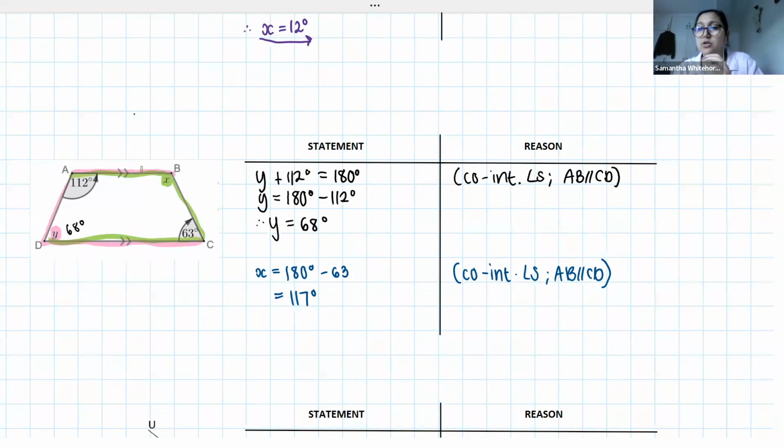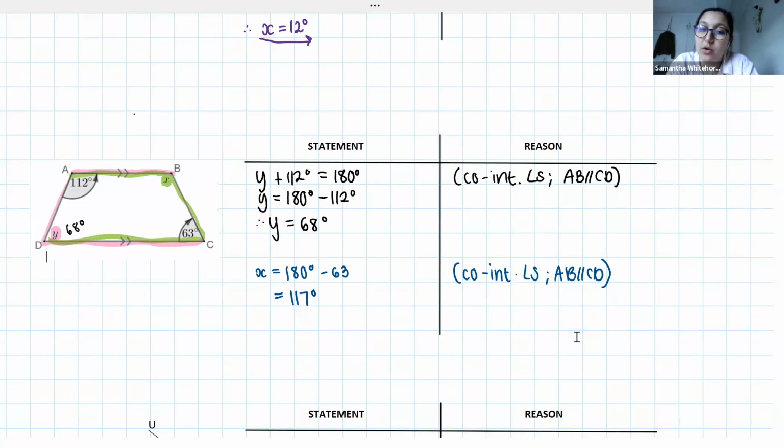Okay, another way that you can do it, that I'm trying to put there on the chat, is because this is a quadrilateral, you know that all 4 angles in that quadrilateral must add up to 360 degrees. So you also could have used angles in a quad to work out your second value, to find either X or Y, depending on which one you found first.